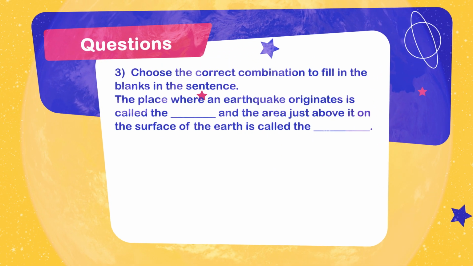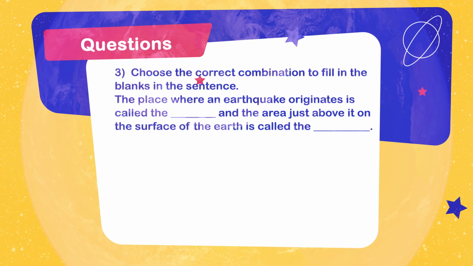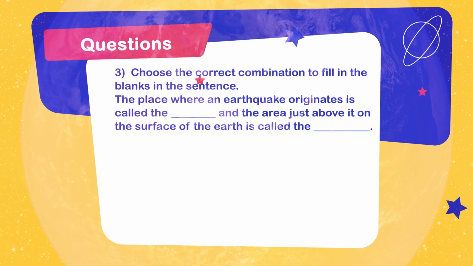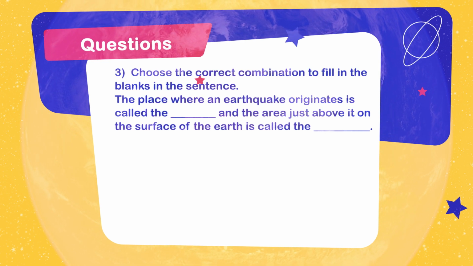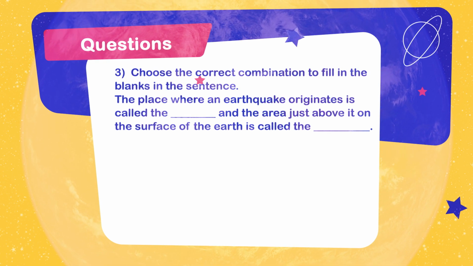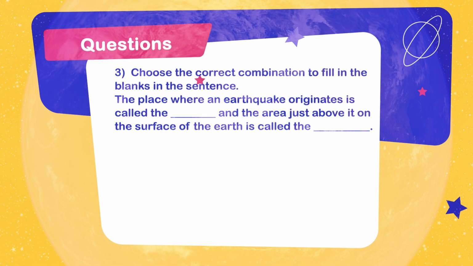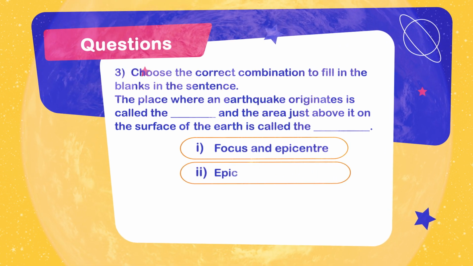Third question is, choose the correct combination to fill in the blanks in the sentence. The place where an earthquake originates is called the blank, and the area just above it on the surface of the earth is called the blank. Now you have to choose between these three options.